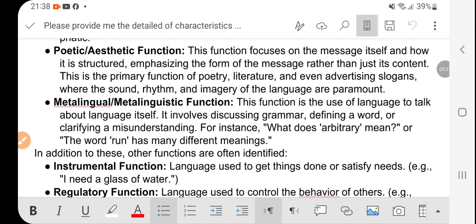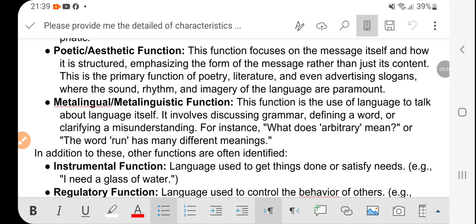Sometimes language is used to create a particular atmosphere. So this kind of language focuses on the message itself, what message you are going to deliver through poems, through your dialogues, and how it is structured.